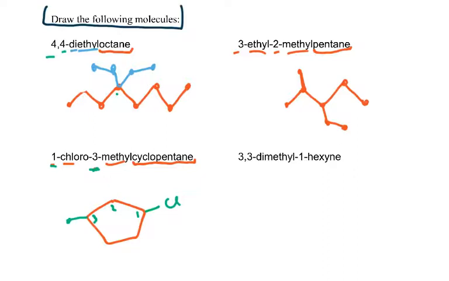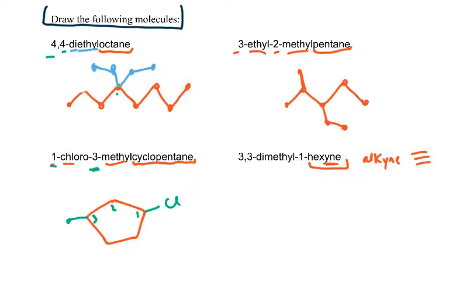And then this last one here, we have 3,3-dimethyl-1-hexyne. Hexyne, that suffix "yne" means that it's an alkyne. Remember, alkynes have a triple bond. Alkanes are a single bond, alkenes a double bond, alkynes a triple bond.